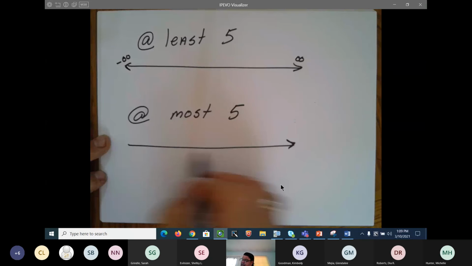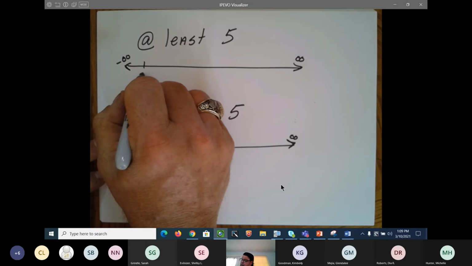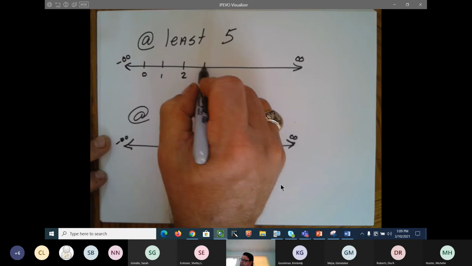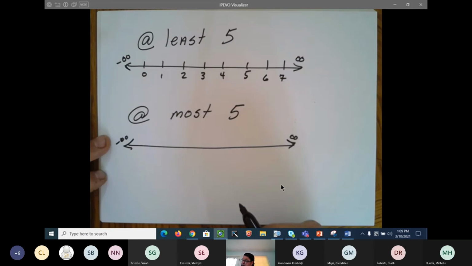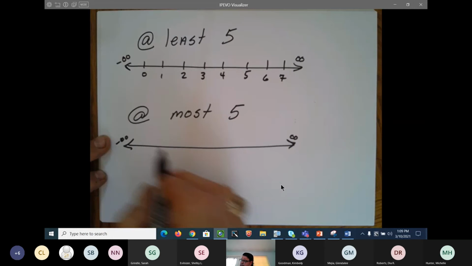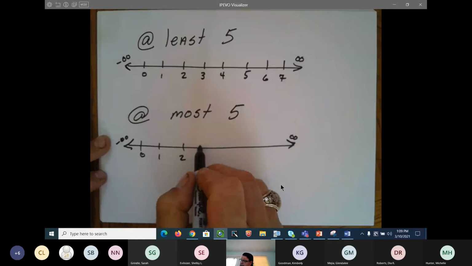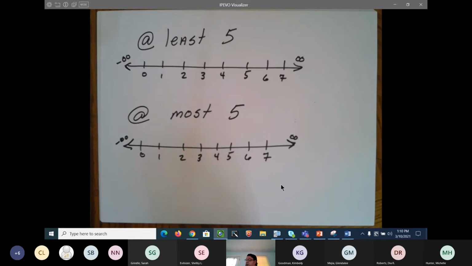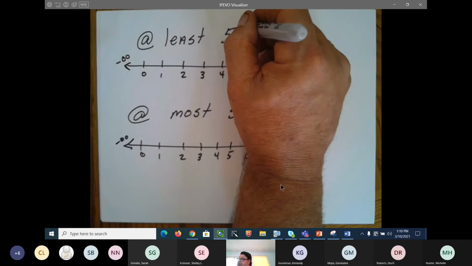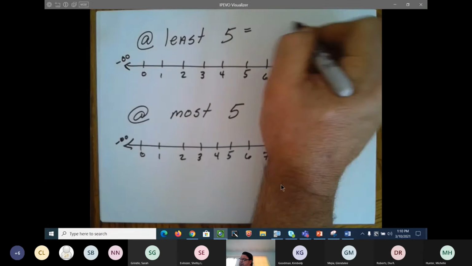And since we're dealing with 5, I'm going to do 0, 1, 2, 3, 4, 5, 6, 7, and 0, 1, 2, 3, 4, 5, 6, 7. So I want somebody to tell me what "at least 5" means in layman's terms. Just give me a sentence to what this means.